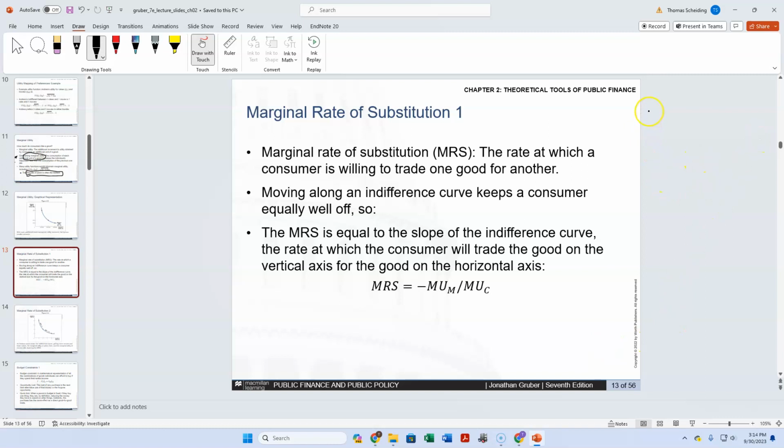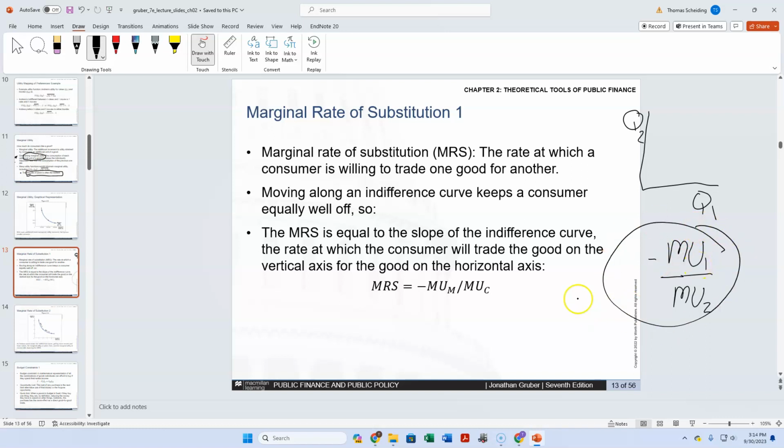It would, in this case here, if this is good 1 and this is good 2, it's negative because of that law of diminishing marginal utility and that trade-off that exists. It's going to be the marginal utility of the good on the x-axis, which in this case is good 1, over the marginal utility of the good on the y-axis, which in this case is good 2. That ratio of the marginal utilities is our marginal rate of substitution.